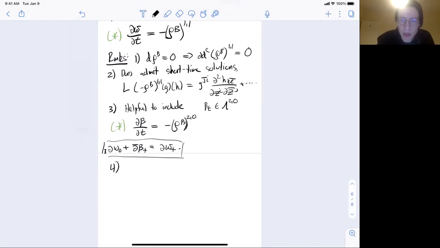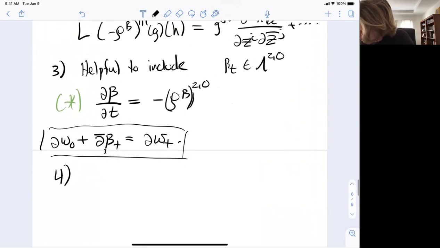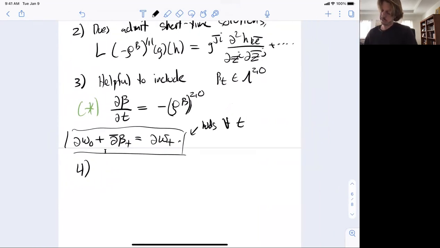What does the box equation mean? Sorry, this holds for all time. You can easily check, assuming I got the signs right, that you can differentiate both sides, and using that d rho is 0, you see that this is preserved. That it's tautologically true. So maybe I add an initial condition, beta 0 equals 0.